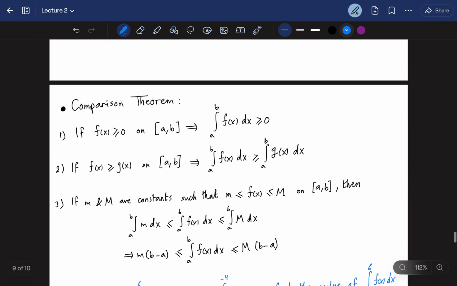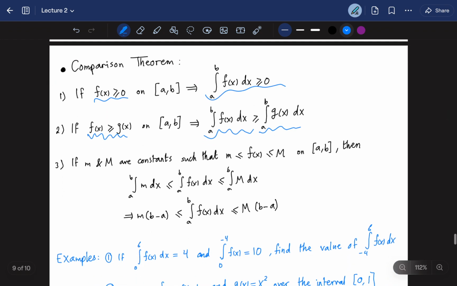We also have a comparison theorem. So if my function is positive, it means that my integral is also positive. If I have a function that's bigger than another one, so if f is bigger than g on a certain interval, the integral of f is also going to be bigger than the integral of g on that interval.